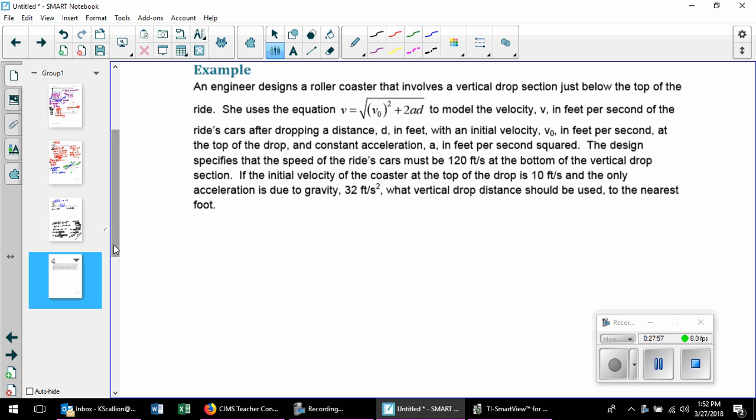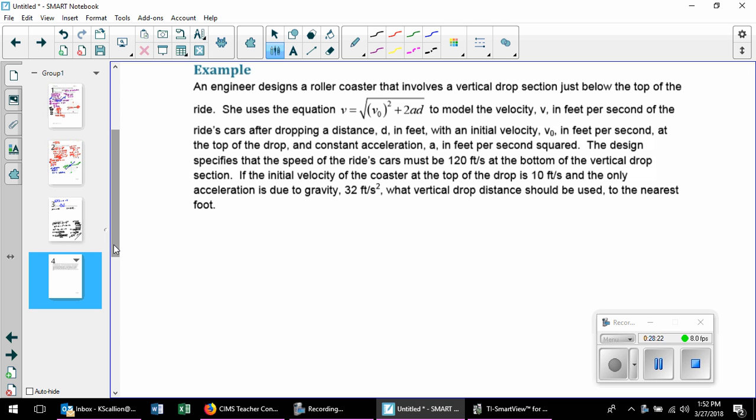An engineer designs a roller coaster that involves a vertical drop section, and chooses the equation to model the velocity in feet per second of the car's ride after dropping, with an initial velocity of v initial in feet per second at the top of the drop, blah, blah, blah.